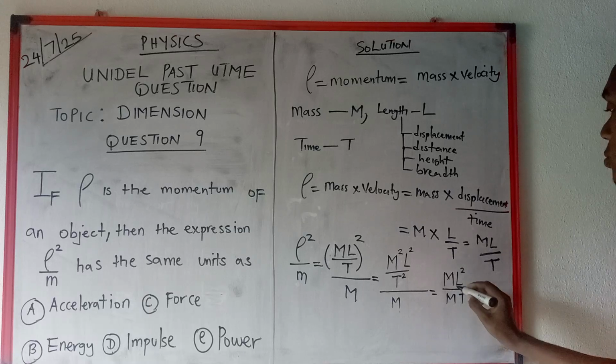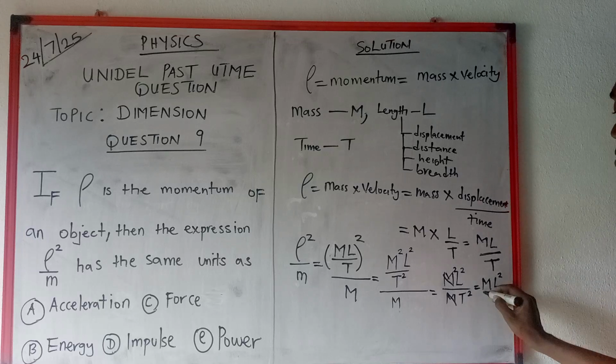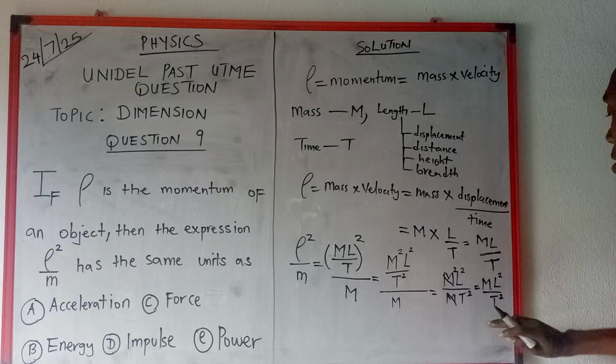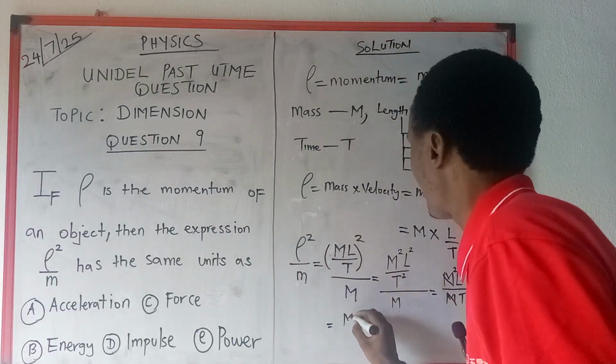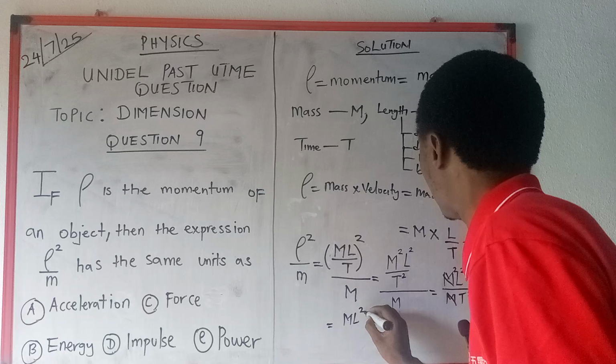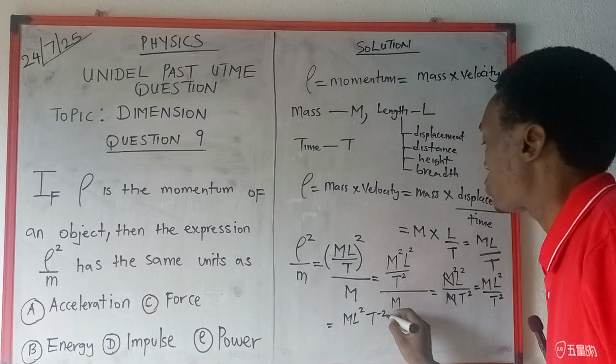So this one can cancel. There's a square here. This one can cancel this one. So what is left is ML square over T square. Push this one up, you have ML square T raised to the power of minus 2.